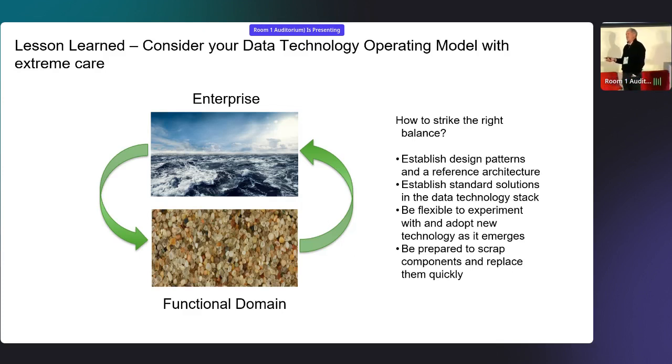And then, are we prepared to scrap what we already have in order to switch to something new? That's probably one of the hardest questions to answer, because if you've got something, you want to sweat that asset, and you don't necessarily want to always be churning through the next latest, greatest shiny object. And so this tension between enterprise and domain is a real one, and it's hard to get right.